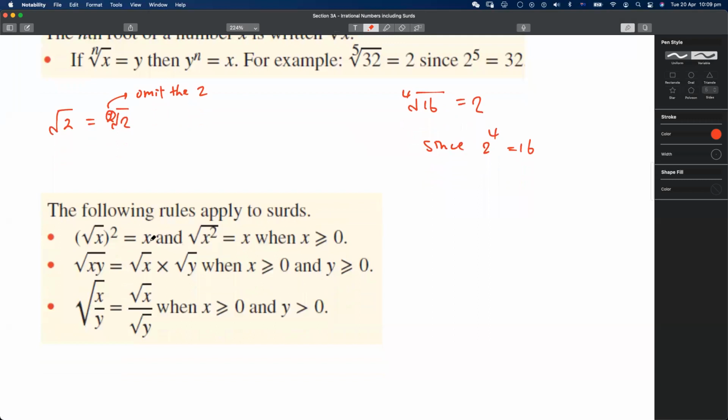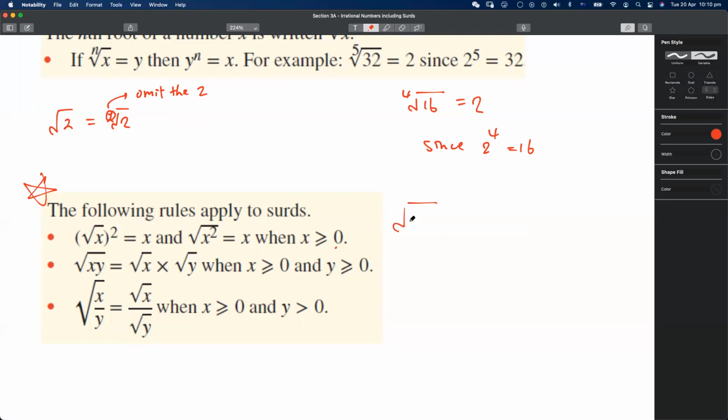All right, we've got some rules applied to surds, and these are the most important takeaway. You should be very, very familiar with those rules. First of all, √(x²) is going to be x, and (√x)² is also going to be x, when x is greater than or equal to 0. x has to be greater than or equal to 0, because if x is less than 0, you get the square root of a negative number, which doesn't make sense.